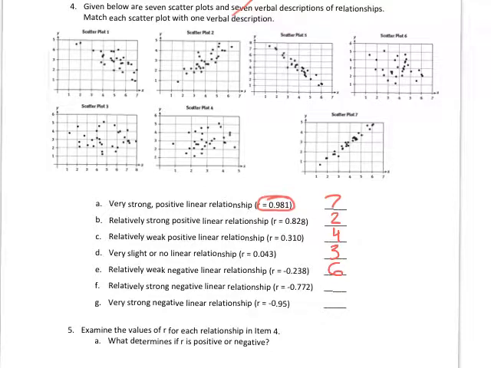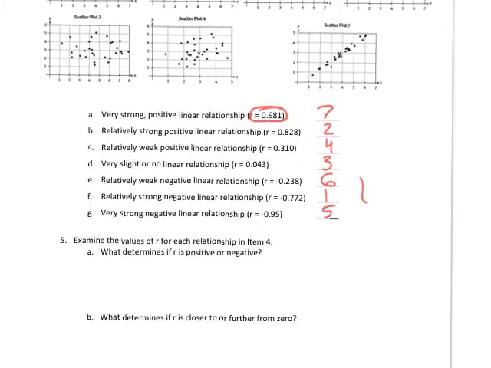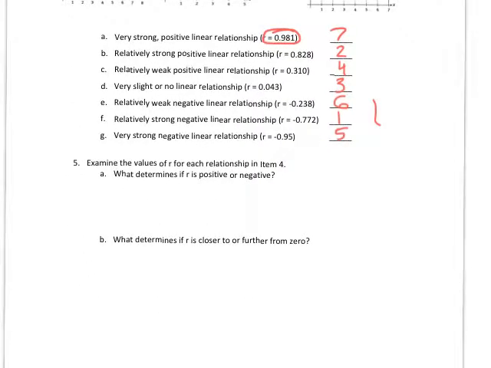Okay, so then we get to a stronger negative correlation. That would be graph 1, right? And then our strongest negative correlation would be 5. Okay, so as Laney said, I guess we just determined together, right, that positive is positive, negative is negative. So a positive correlation or a positive relationship gives a positive number, negative correlation gives a negative number.